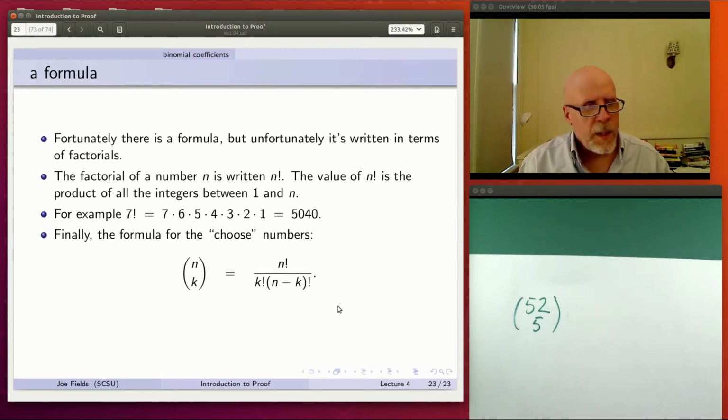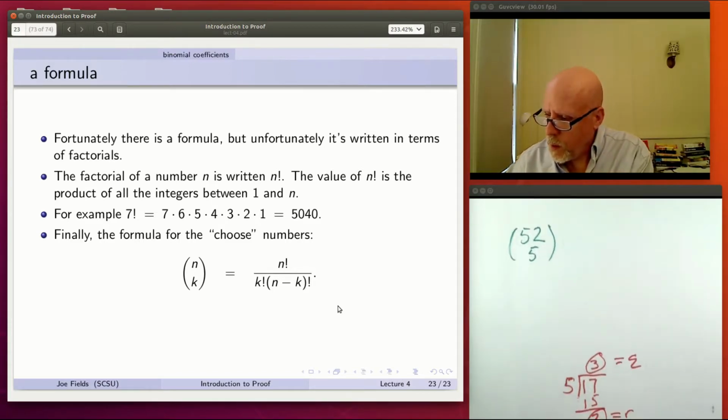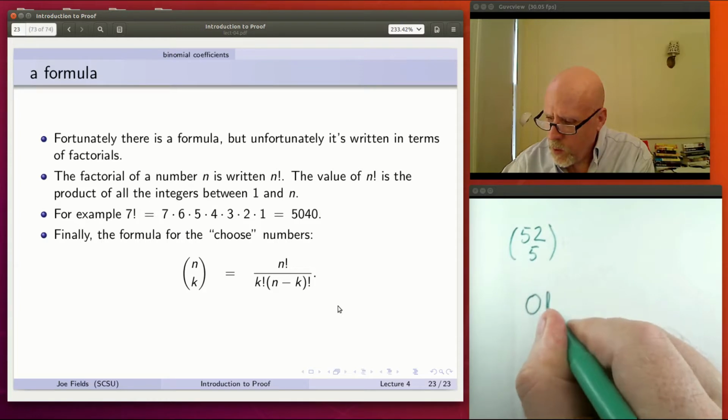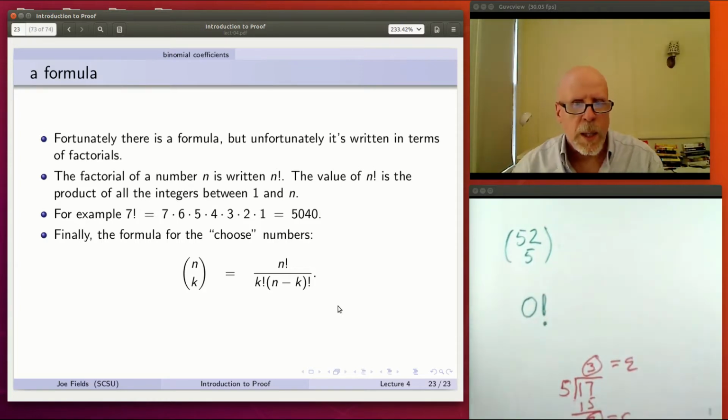There is one thing I forgot to put in the slides about this, but it's worth noticing that we have a little bit of a conundrum when we think about 0 bang. What does it mean to multiply all the numbers from 0 down to 1? Well, 0 is already below 1, so that actually means a product that has no terms in it.